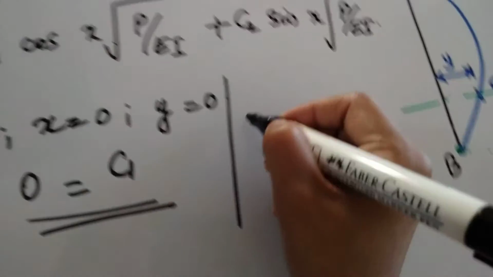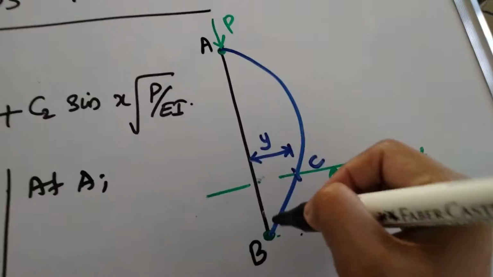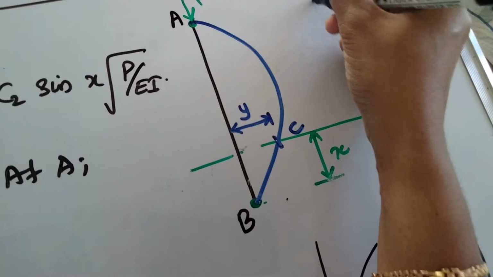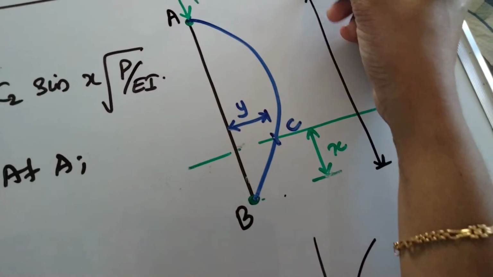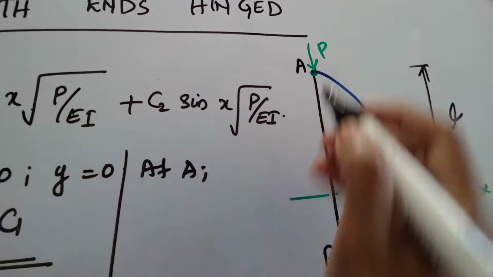Now apply the next boundary condition, that is at A. At A, x is equal to the column length L. So at x is equal to L, y is again 0.